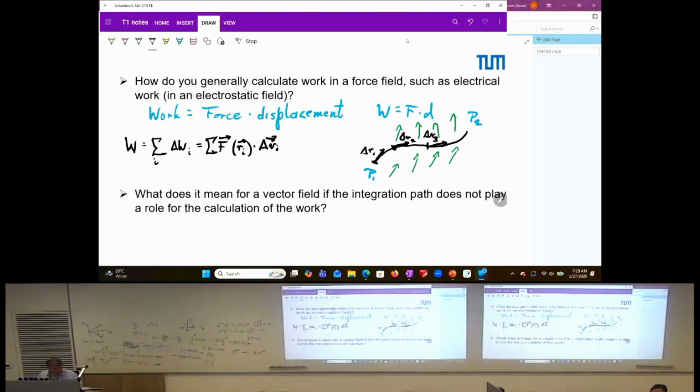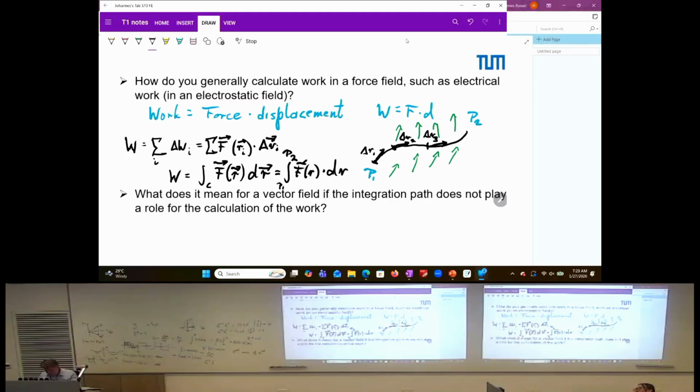You make that in a discrete fashion, or even better, with infinitesimally small segments, and then you end up at a curve integral, which integrates the force vector as a function of r along dr, from p1 to p2 of F of r.